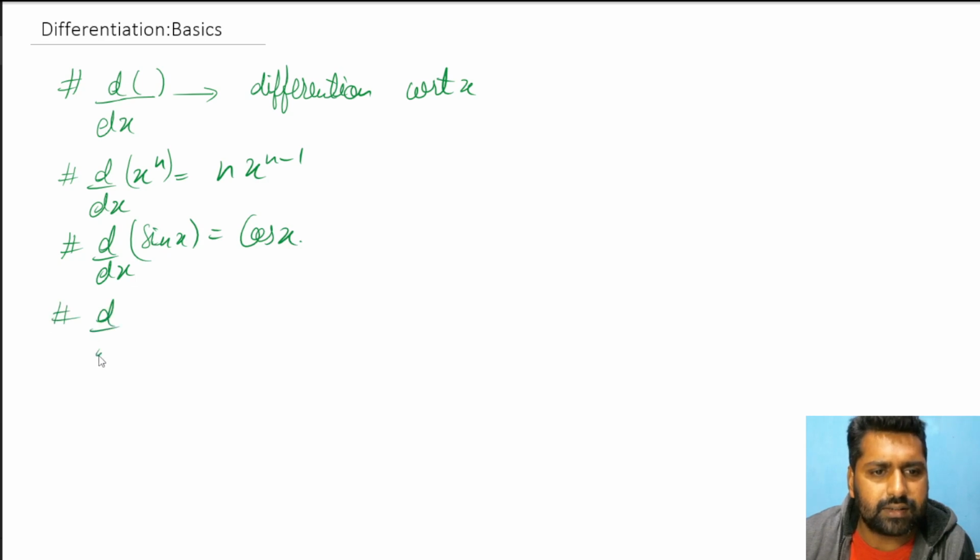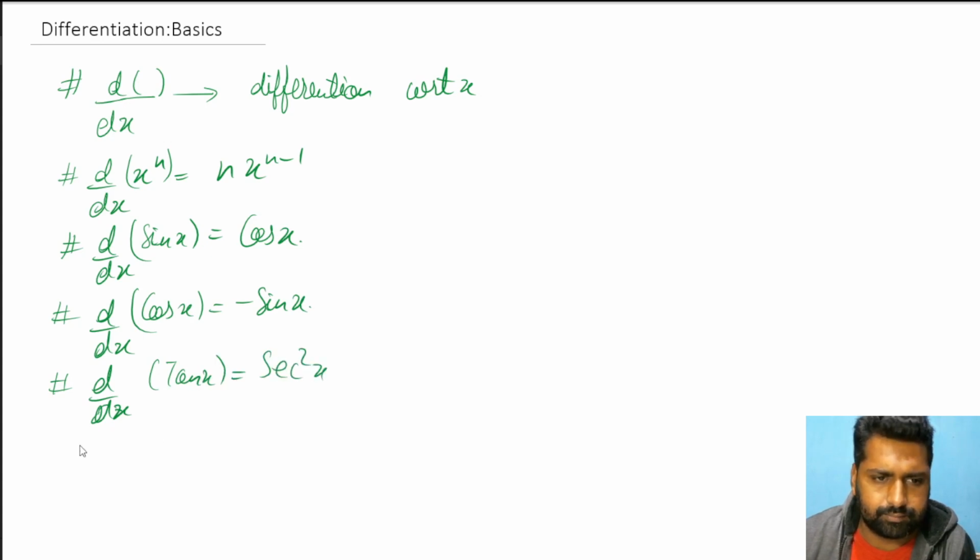Similarly, d by dx of cos x is minus sine x. D by dx of tan x is sec square x. D by dx of cot x is minus cosec square x.